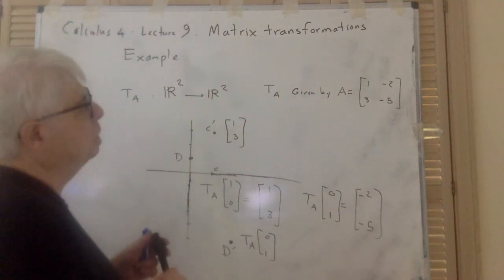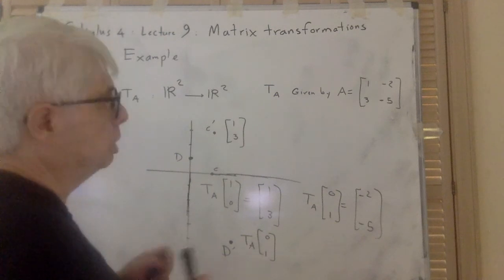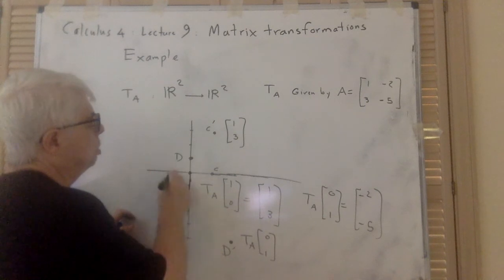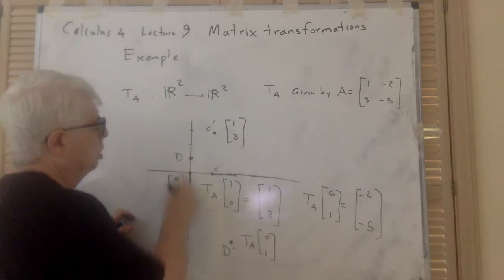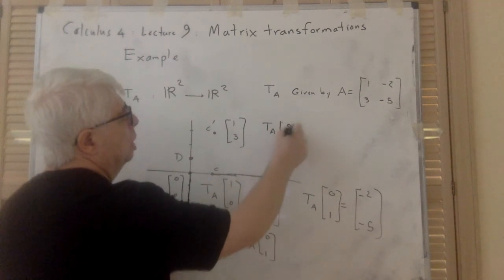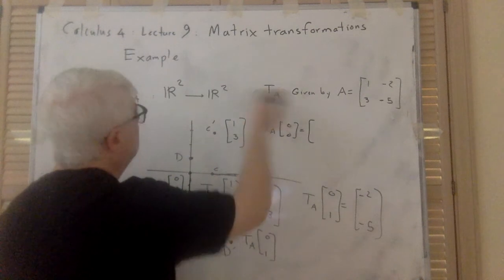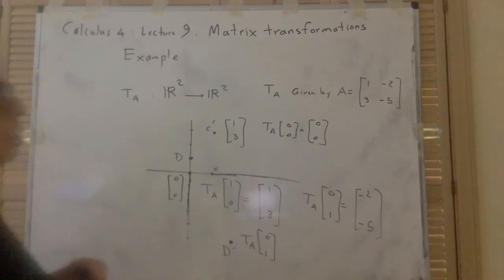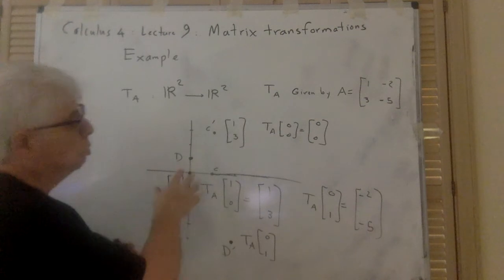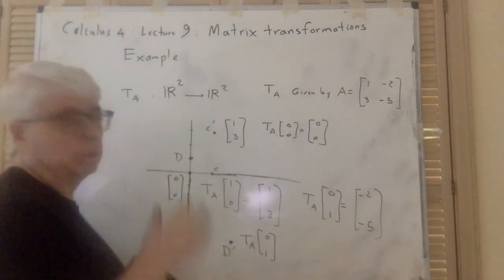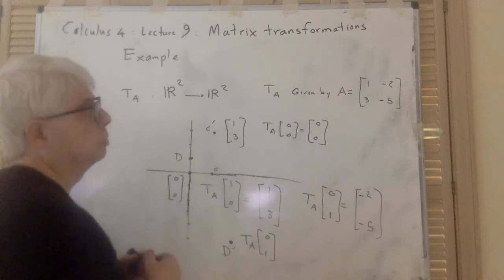But there are certain interesting things that happen. One of them is that the point 0, 0 doesn't change. TA applied to 0, 0 gives me 0, 0, in this case. So if there is some function that moves the plane, like a translation, that is not a matrix transformation.